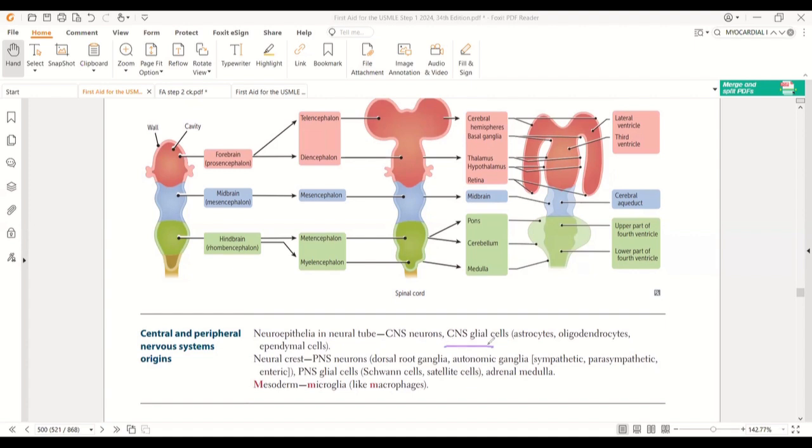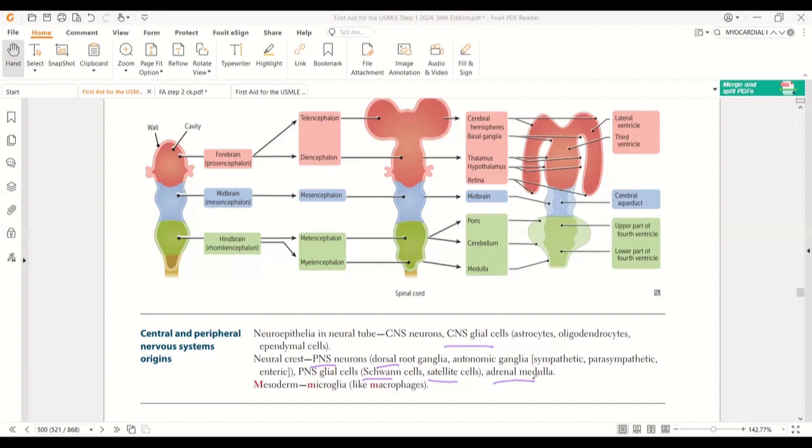These are derived from the neuroepithelia in the neural tube and the neural crest. So this is the peripheral nervous system: neurons, which are the dorsal root ganglia or the autonomic ganglia, and the glial cells, Schwann cells, satellite cells, and adrenal medulla. Adrenal medulla, high yield, because the tumor of the adrenal medulla is a pheochromocytoma. It's derived from the neural crest.